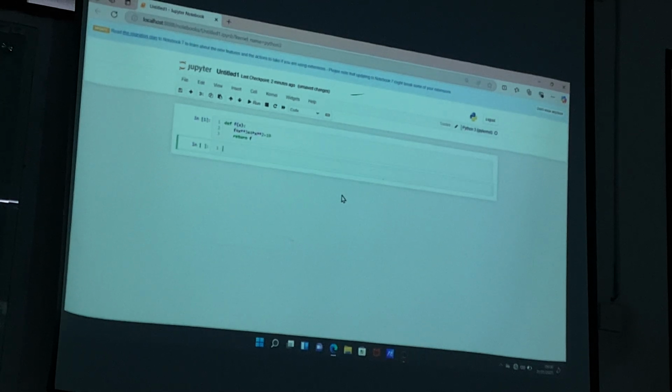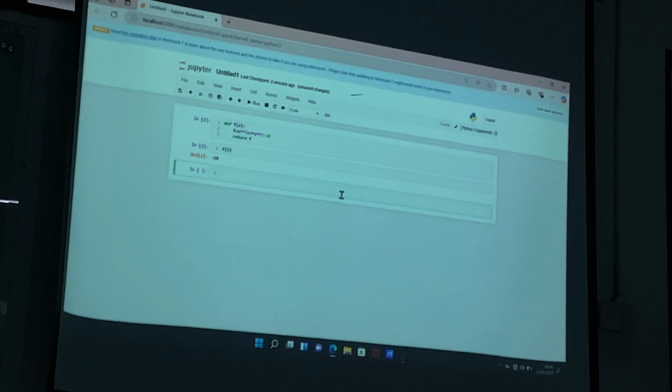We run this, and then let's say you're looking for f of 0. F of 0 is minus 10. Like you are looking for f of 2. F2 is 14, right?